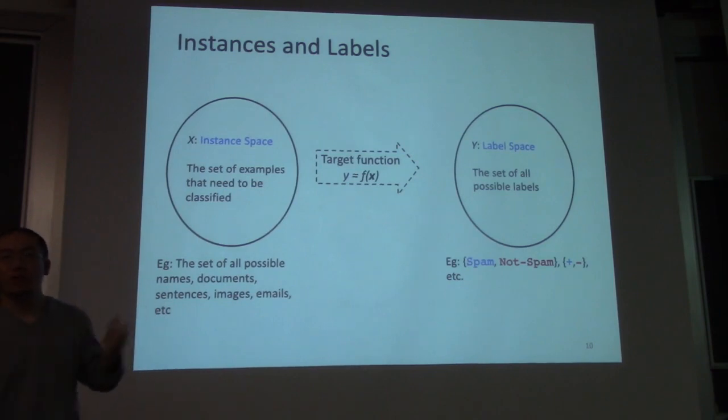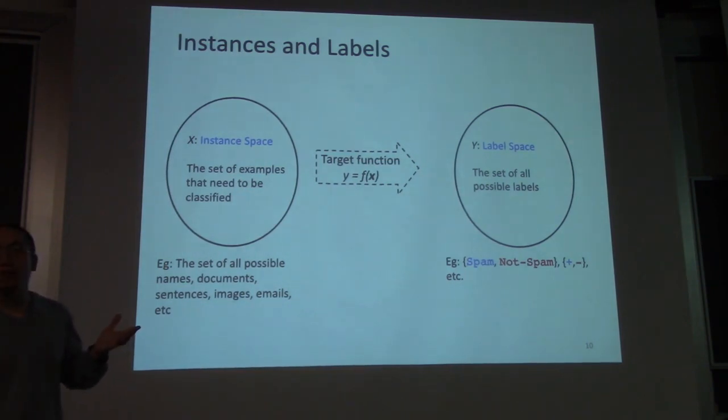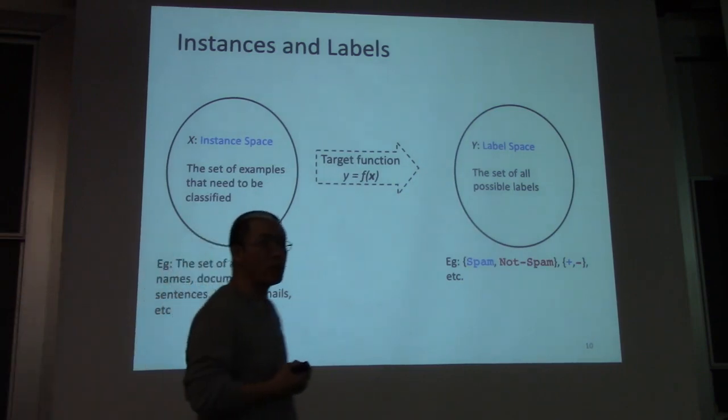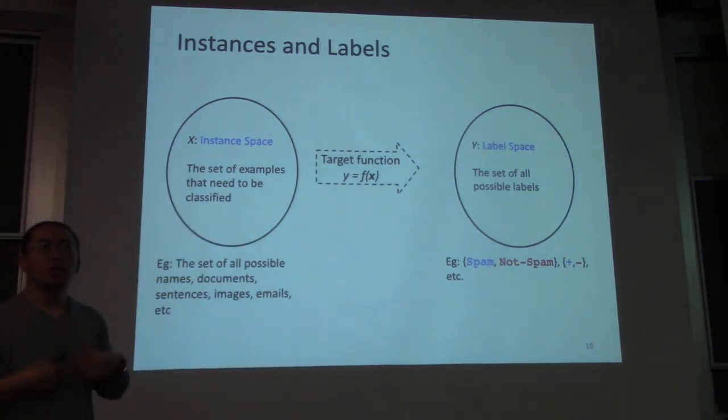And output of this function is some label. So when you carry out supervised learning, you always assume there is an underlying target function which maps the instance to the labels.